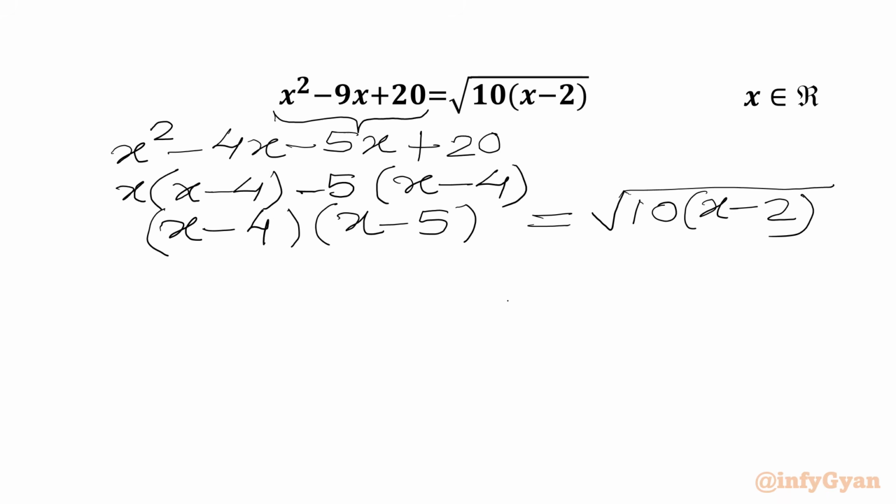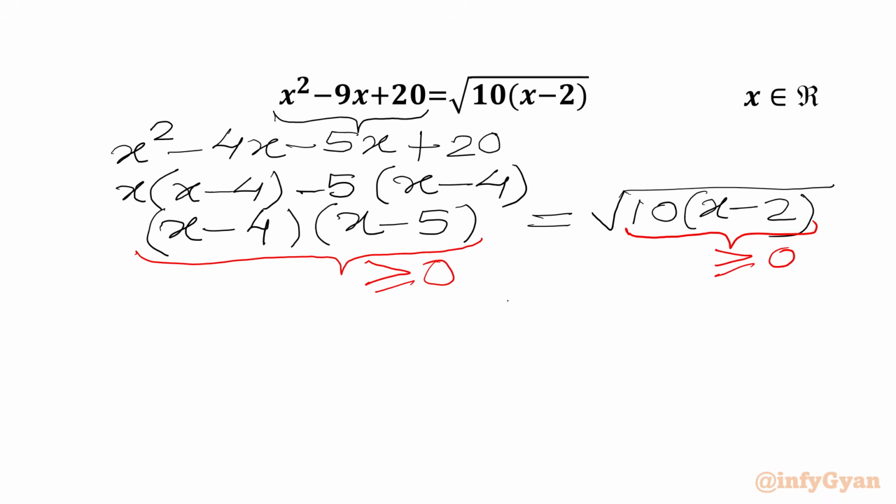For any radical equation, we have two conditions. Our radicand must be non-negative, so greater than or equal to 0. Our LHS must be non-negative for x to be real. Now from the LHS condition, x minus 4 times x minus 5 should be greater than or equal to 0.